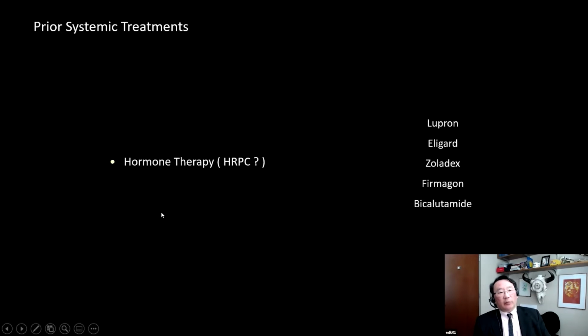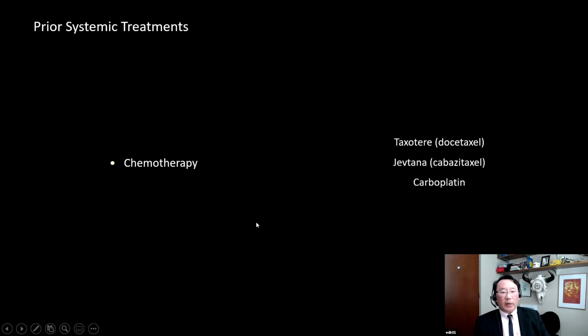So now we're going to talk a little bit about prior systemic therapies, how prior systemic therapies can make prostate cancer management more difficult or complicated. When we talk about systemic therapies, we're talking about hormone therapy: Lupron, Eligard, Zoladex, Firmagon, bicalutamide. We can also talk about chemotherapy: Taxotere, Jevtana, carboplatin.